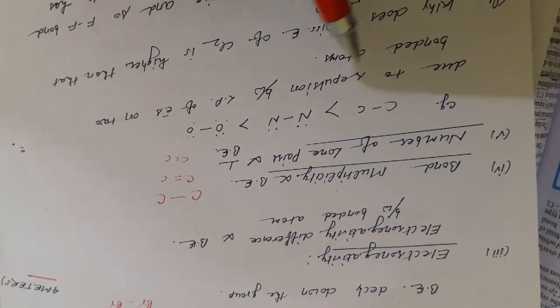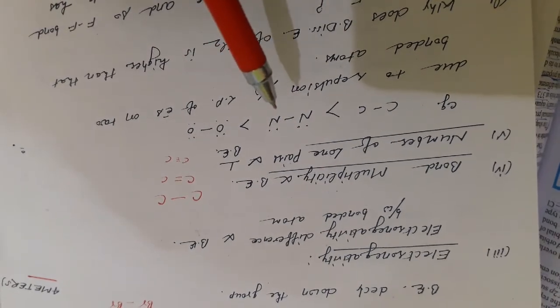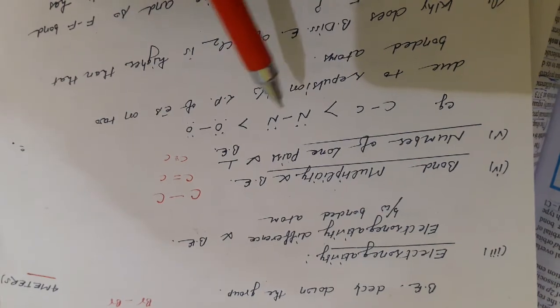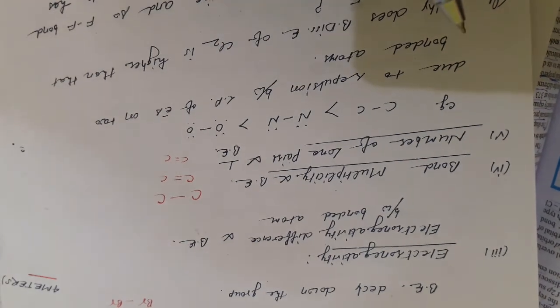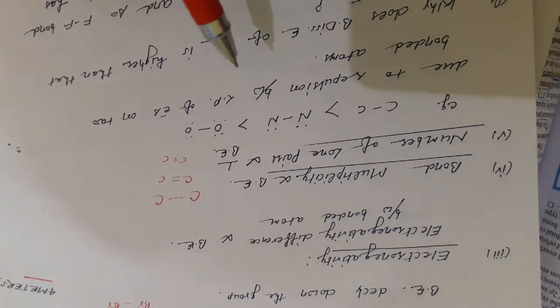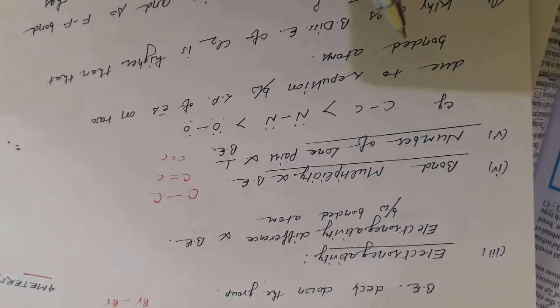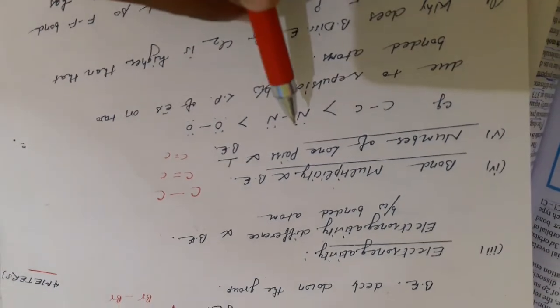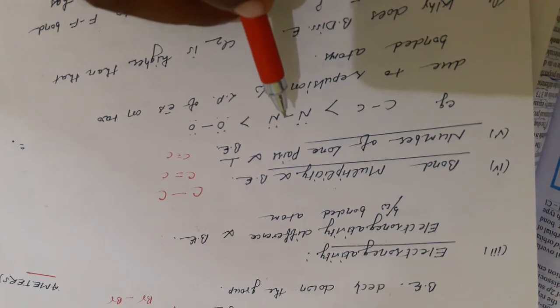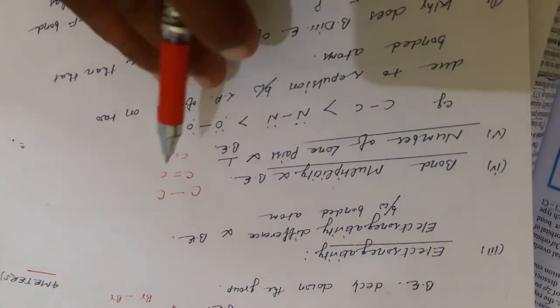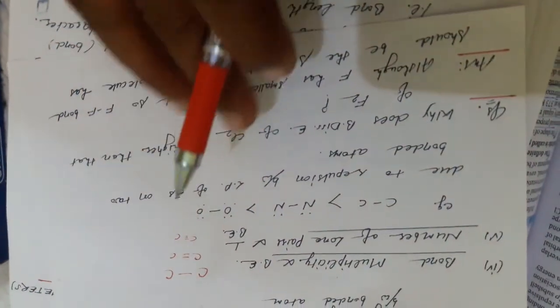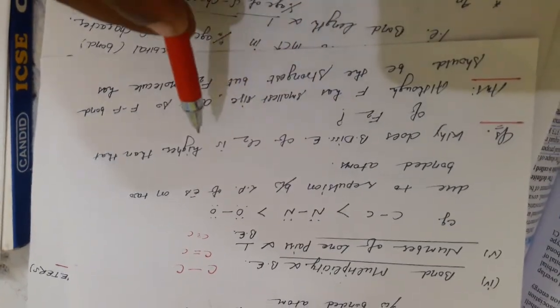Why will the energy decrease with the lone pairs present on the bonded atoms? That is due to repulsion between the lone pairs of electrons on the two bonded atoms, which decreases the bond dissociation energy.